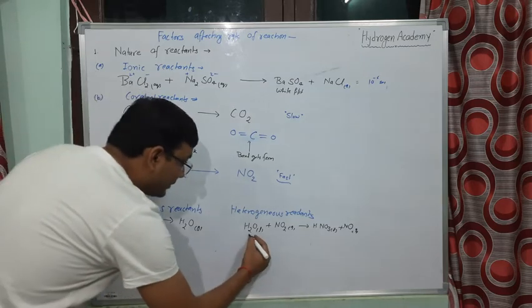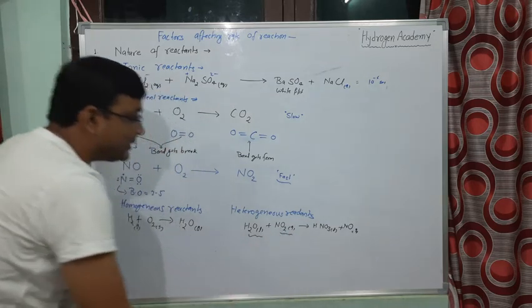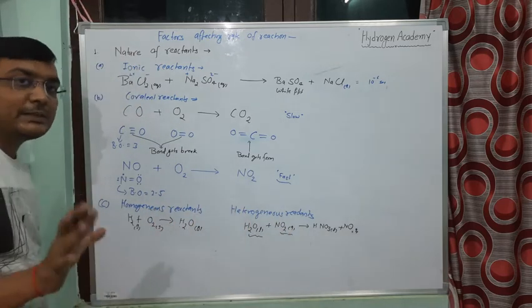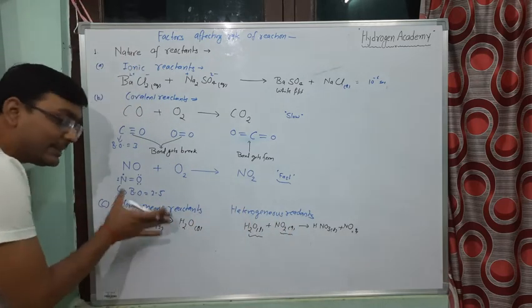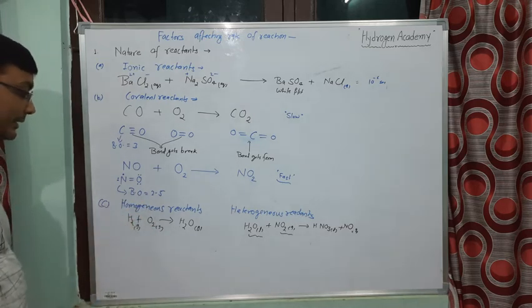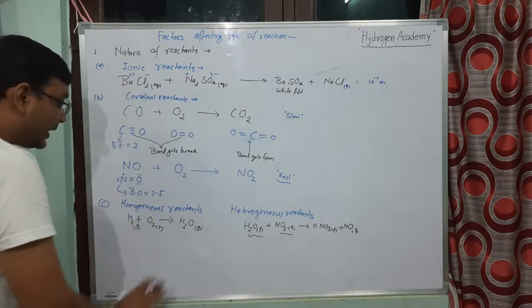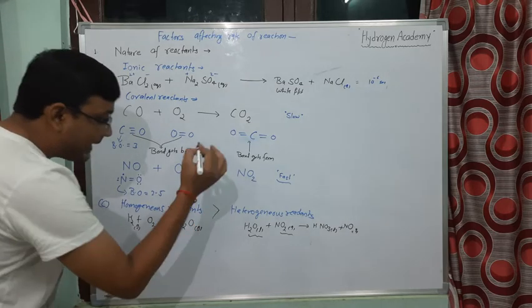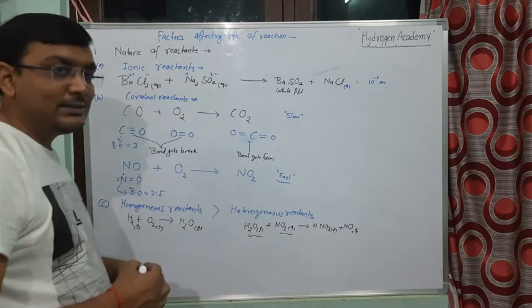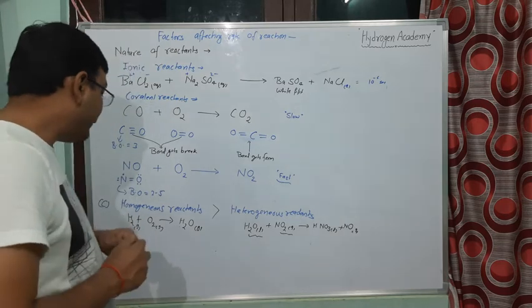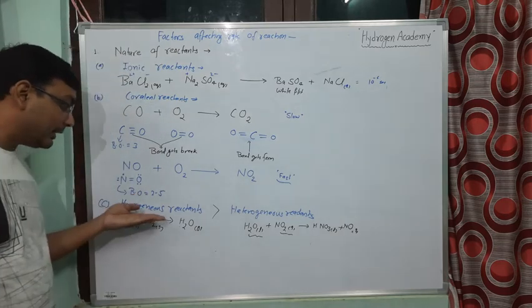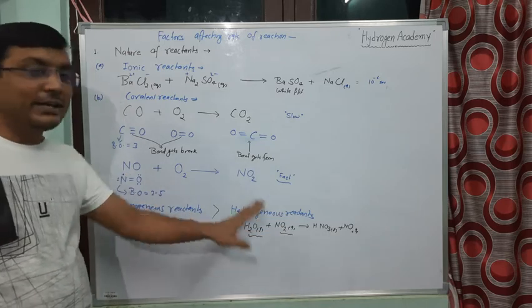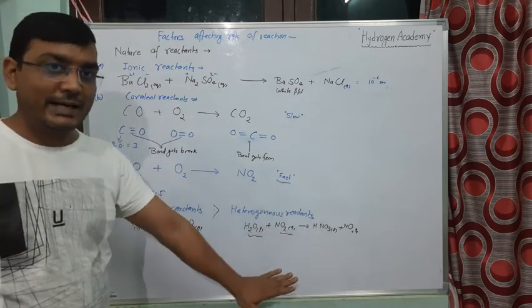So here the reacting species are present in two different physical states, but in the previous one the reacting species are present in the same physical state. So it is observed that homogeneous reactants react faster than the heterogeneous reactants. The rate of reactions can also be affected by the homogeneity and heterogeneity of the reactants.